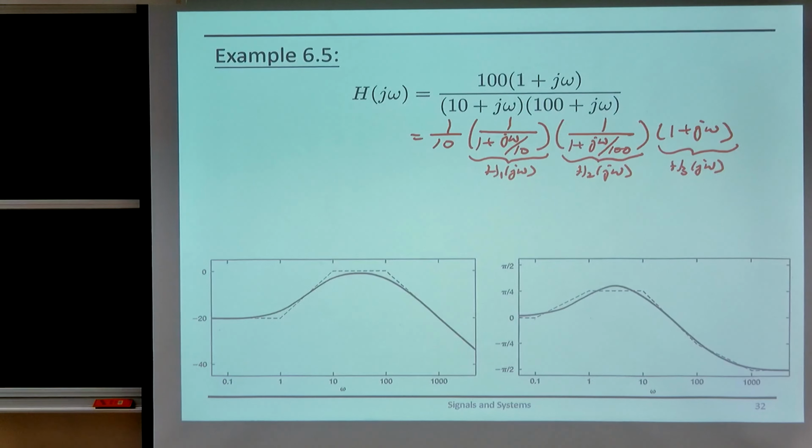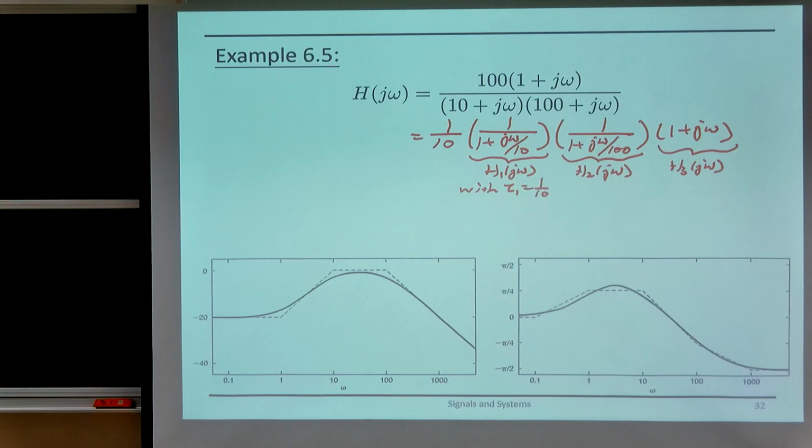So this H1 has tau 1 equal to 1 over 10, and H2 has tau 2 equal to 1 over 100.